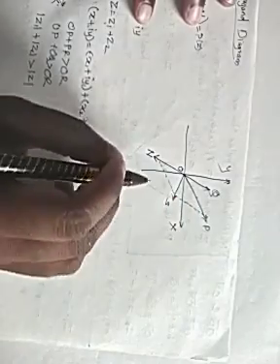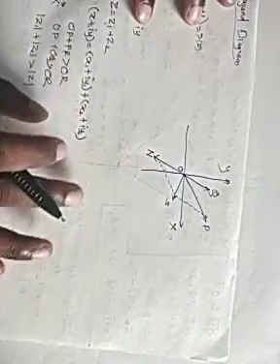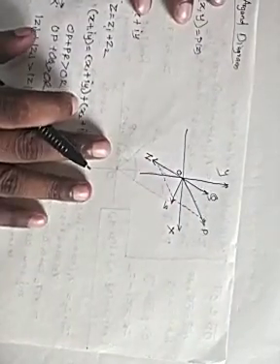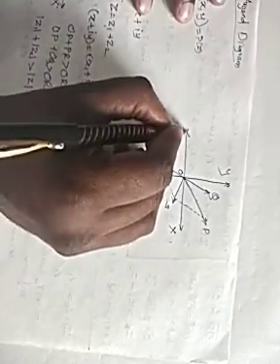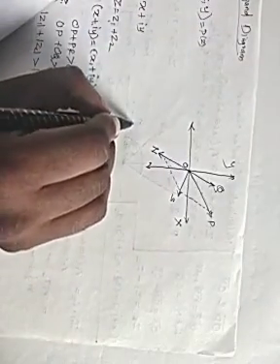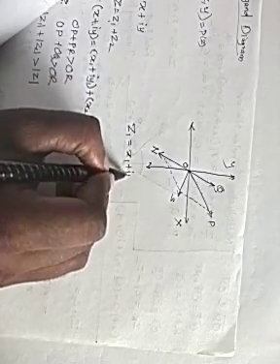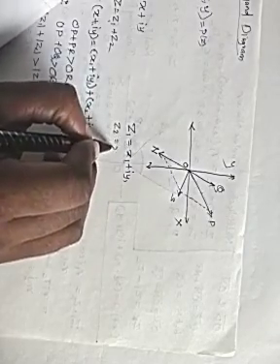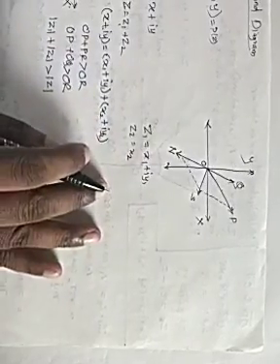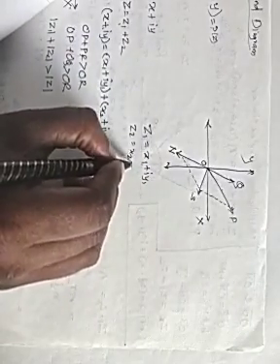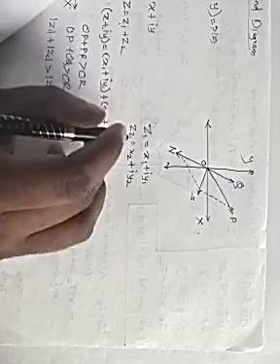Okay. So in case of this diagram, if we consider two complex numbers, Z1 is equal to x1 plus i times y1, Z2 is equal to x2 plus i times y2.